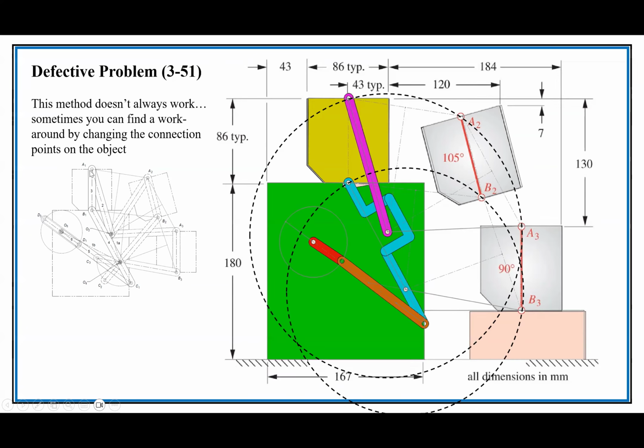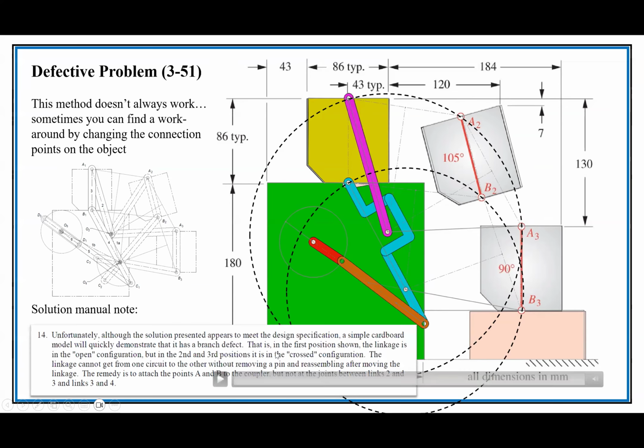But you look at this right here, and according to this message, it says, "Unfortunately, although the solution presented appears to meet the design specifications, a simplified cardboard model," he's old school, man, cardboard, "will quickly demonstrate that it has a branch defect. That is, in the first position shown, the linkage is in the open configuration, but the second and third positions are in the crossed configurations.